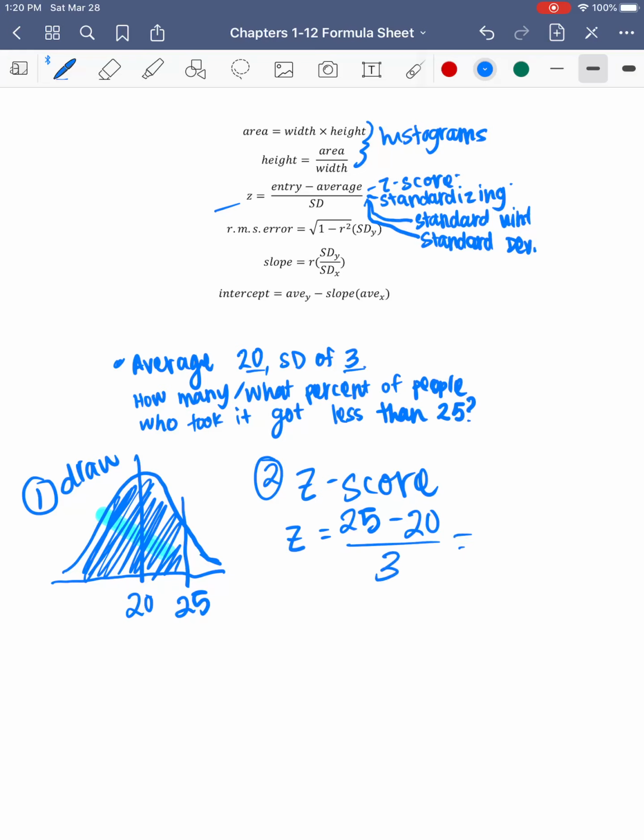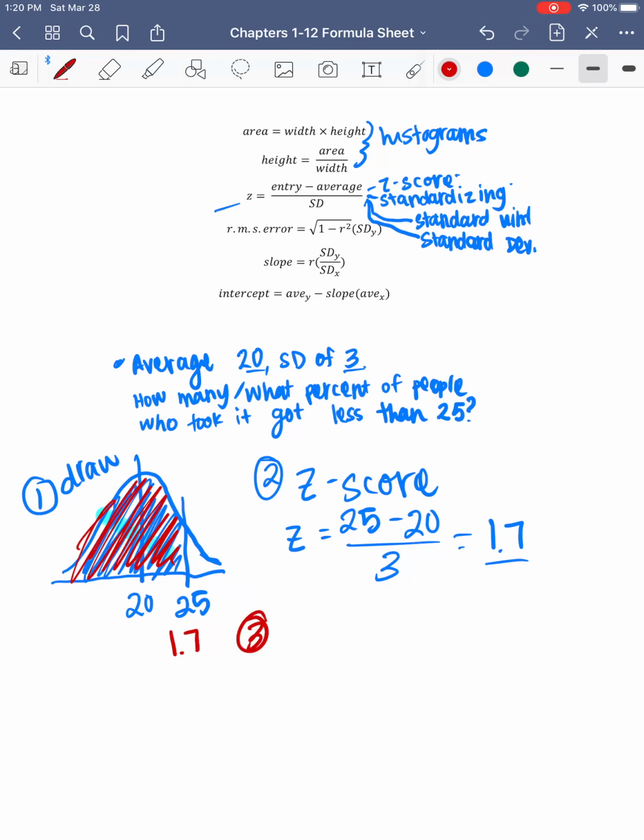So if we type that into our calculator, 25 minus 20 divided by 3 is 1.6 repeating, so I'm just going to round it to 1.7. With the Z-score, you don't really have to go out to 2 or 3 decimal places. You can choose whatever you want there, as long as you use at least 1 decimal place. So here's what Z equals. What that means is we are now looking for the percent under the curve of 1.7 standard deviations above average.